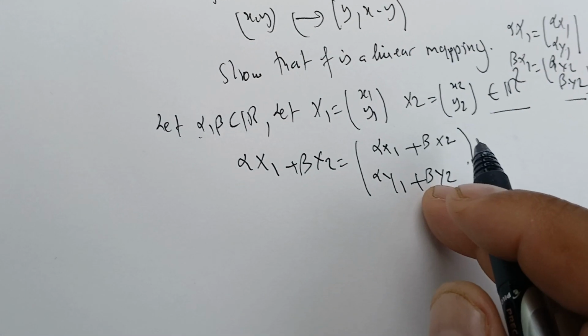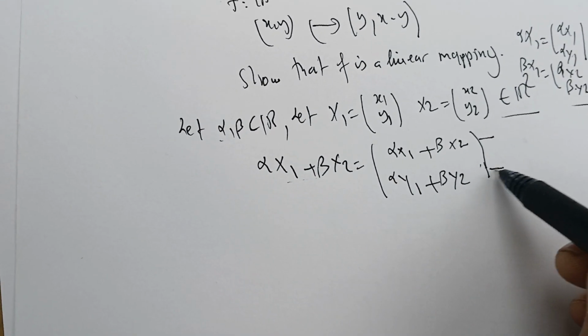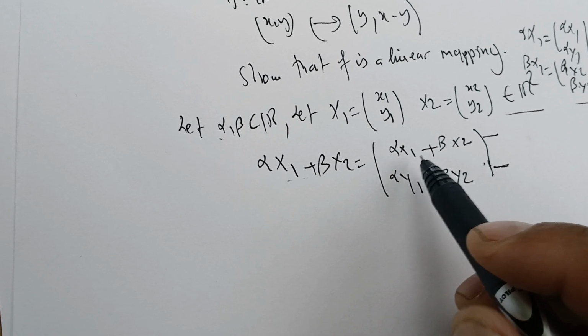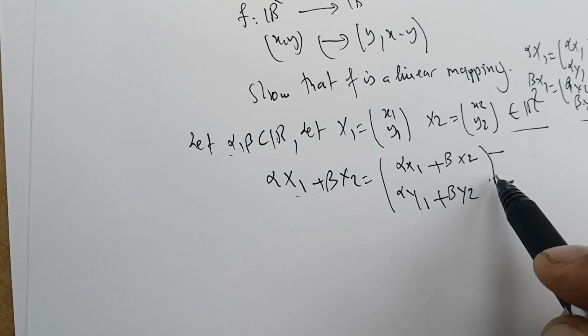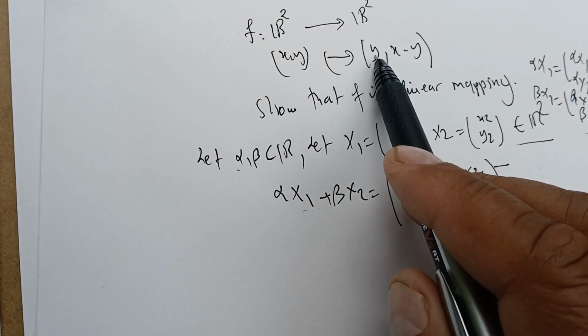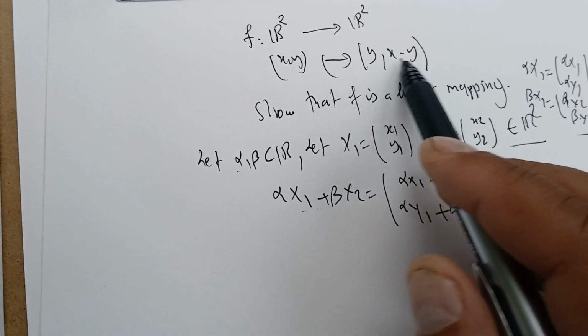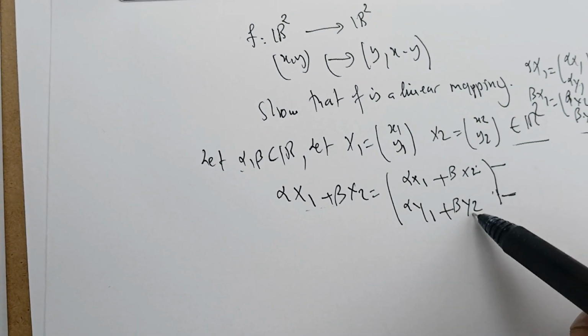Now we're going to see their image. Think of this as the first component of this vector, and this one as the second component. So the image is going to be the second component first, and after that the first component, the x component, minus the y component.